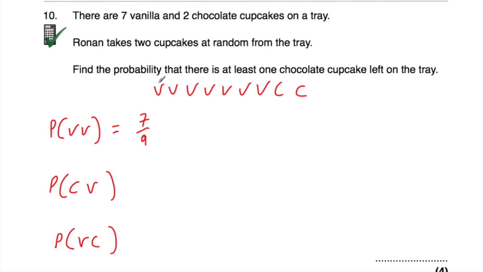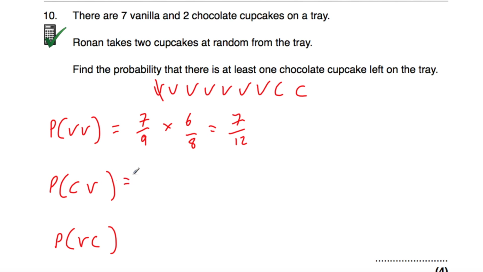Then we're going to take that one off the tray, and the next one being vanilla will be 6/8, because there's 6 vanilla cupcakes left on the tray and there's 8 altogether. So if we do 7/9 times 6/8, that'll be the probability that Ronan takes a vanilla and then another vanilla cupcake off the tray. So 7/9 times 6/8 is a calculator question, and when I work that out in the calculator, I get an answer of 7/12. So the probability that Ronan takes 2 vanilla cupcakes is 7/12.